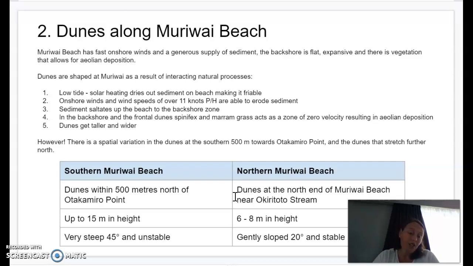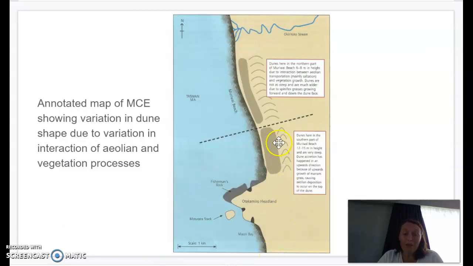They're nice, they're gentle, they're not very high, and they're very stable. Stable sand dunes are the key points there. So remember, down here at the southern end of the beach near the Otakamiro headland, we have steep, unstable sand dunes from 500 metres away from the headland through to Okiritoto Stream, the last part of our study area.